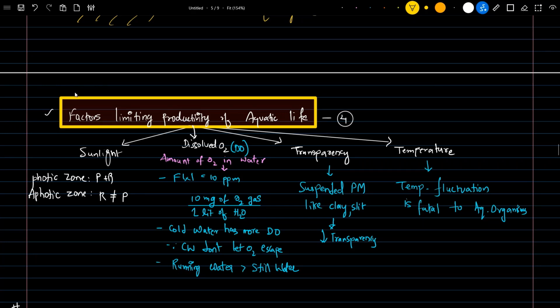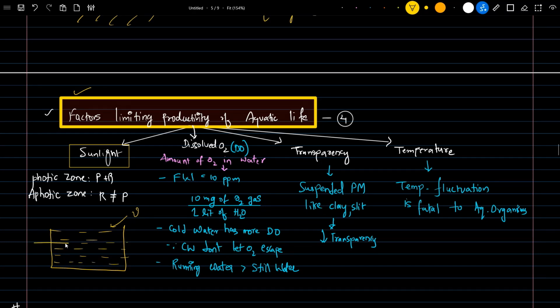Now let's talk about the factors limiting the productivity of aquatic life. The first major thing is sunlight. When we consider any aquatic body, let's say this is the whole aquatic body, and there will be sunlight coming from an external source.